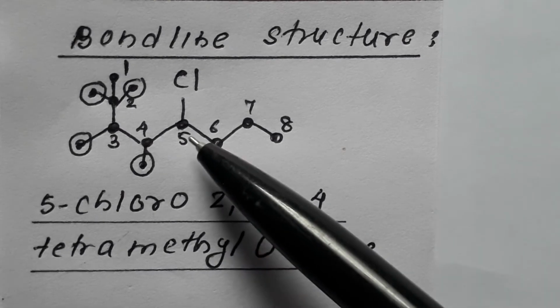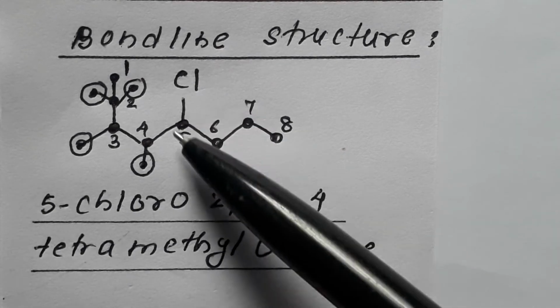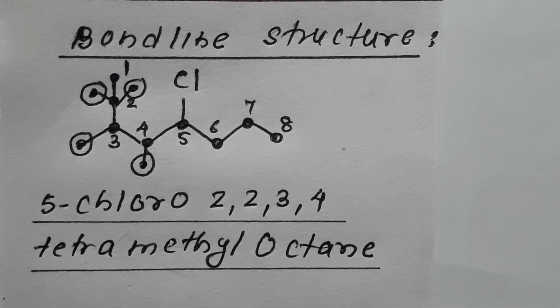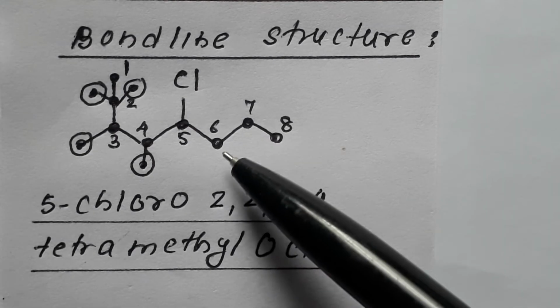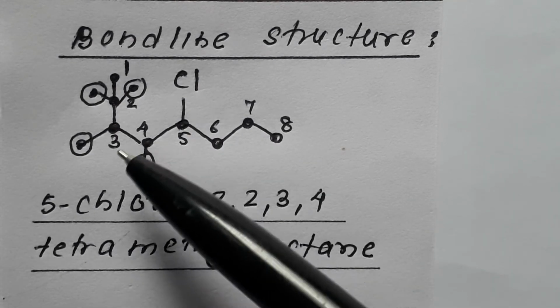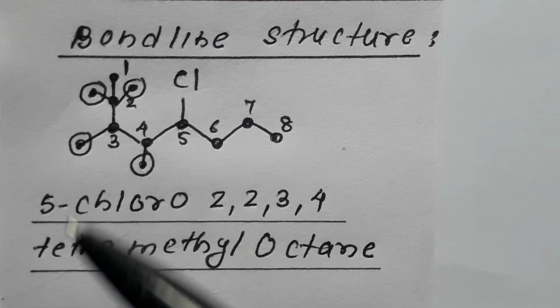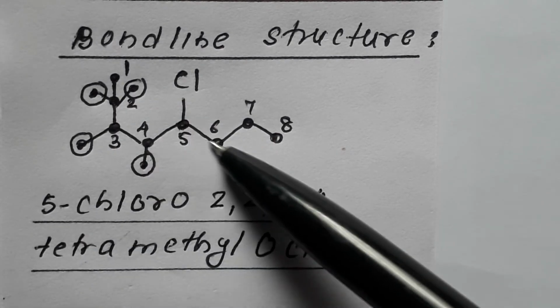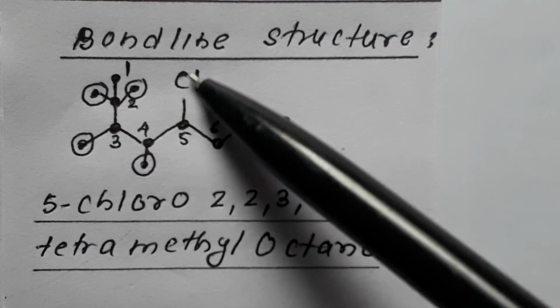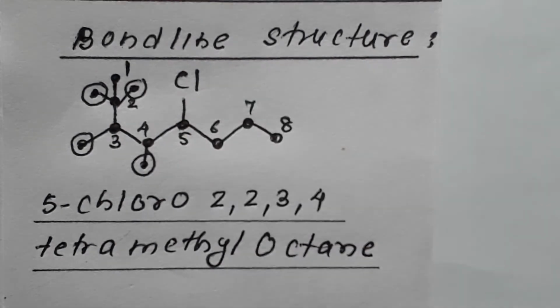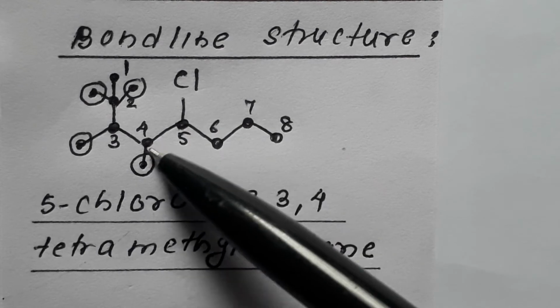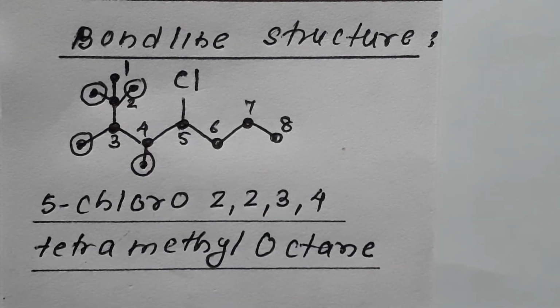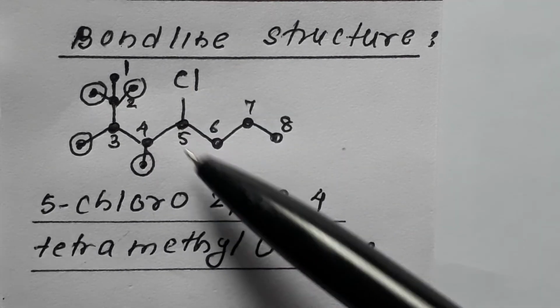So the longest chain is 1, 2, 3, 4, 5, 6, 7, 8, an 8 carbon chain, and chloro is directly attached to the chain.